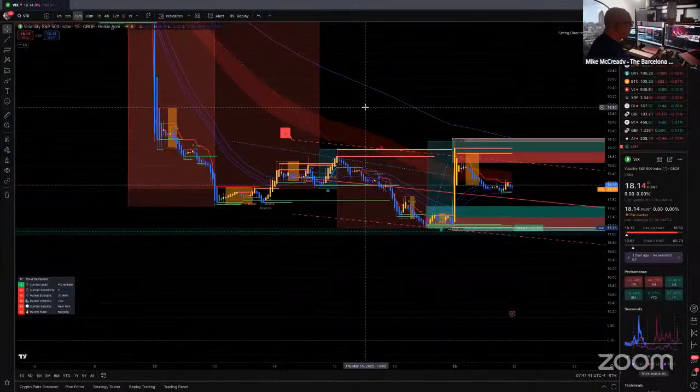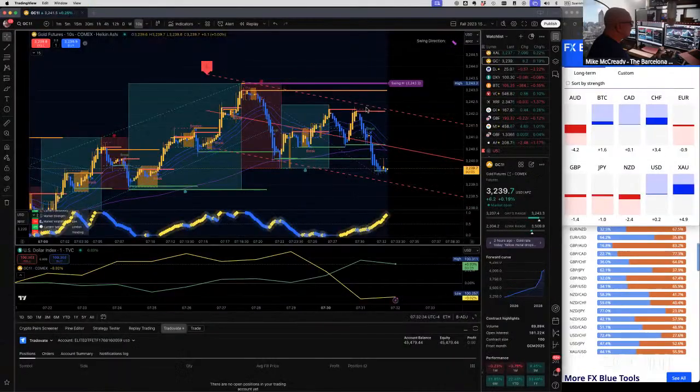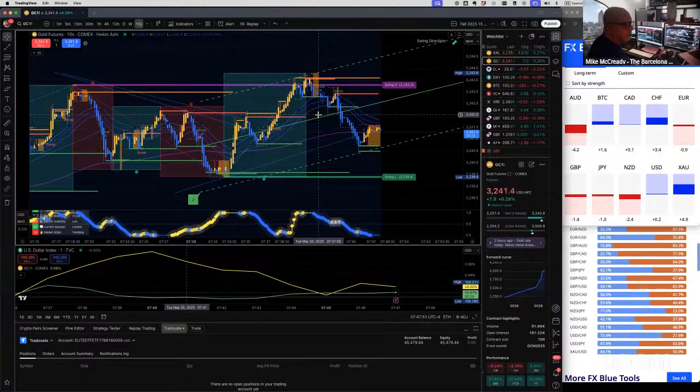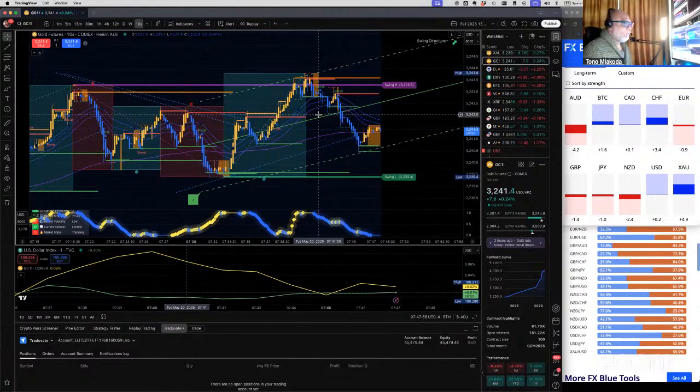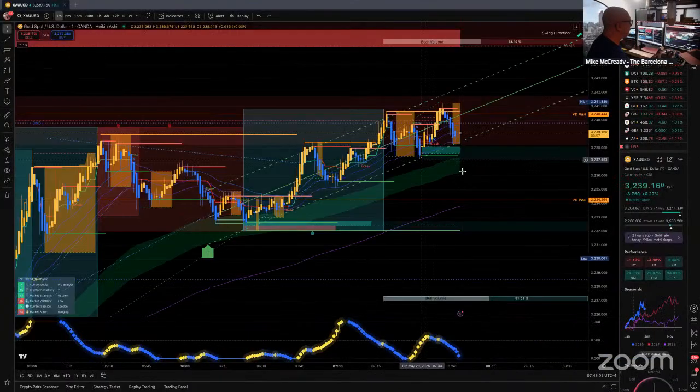Okay, well, let's see. We've got price here between the DM3 on the top and the DPP on the bottom, with a point of control kind of right here in the middle of that.